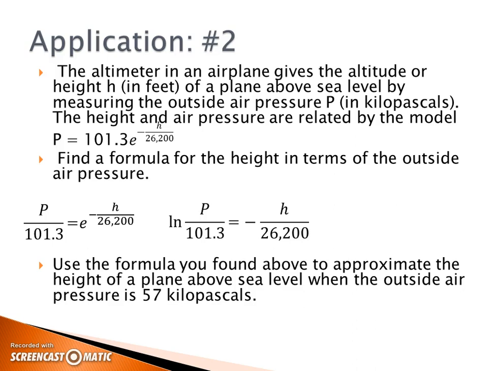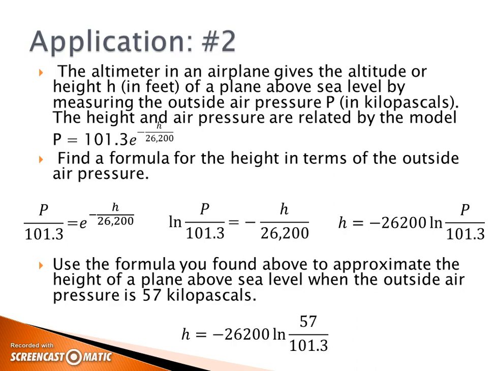To solve for h, we multiply by negative 26,200. So h equals negative 26,200 times the natural log of P over 101.3. The second part just asks you to plug in 57 for P. We type it straight into our calculator and get 15,065.92 feet. Okay, that is 10.5.